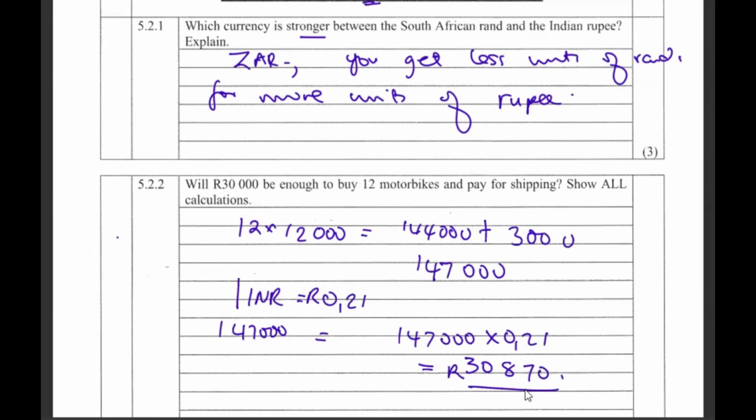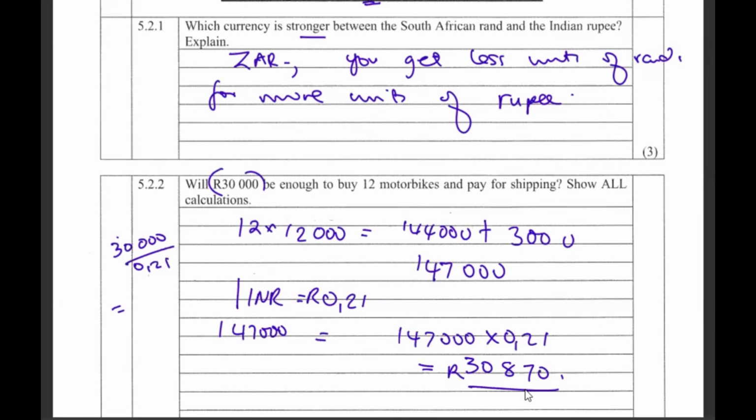Alternatively, what one would have done was to convert the 30,000 rands to rupees, so that you have 30,000 divided by 0.21.